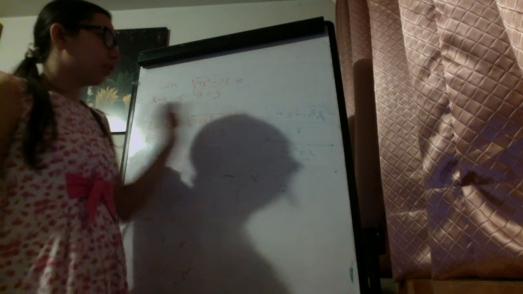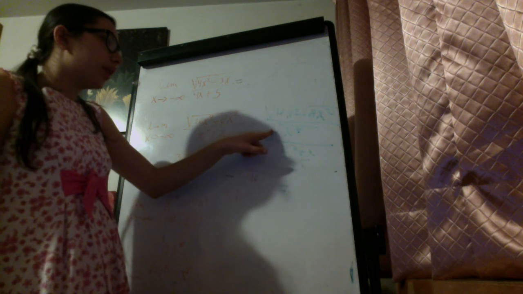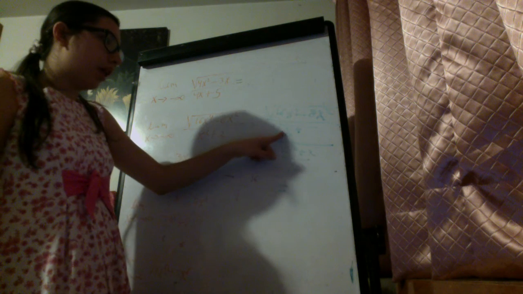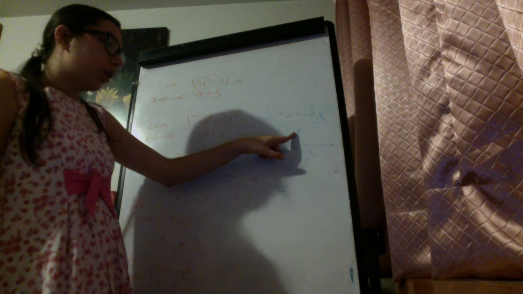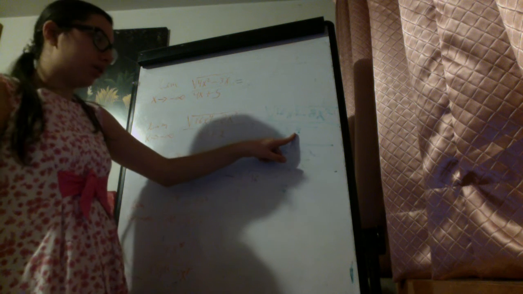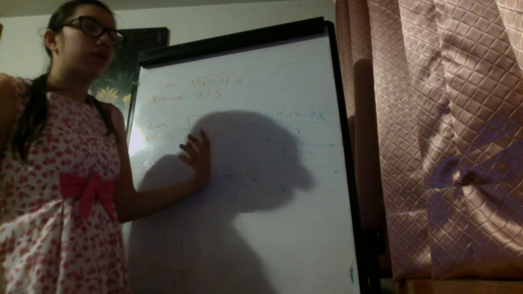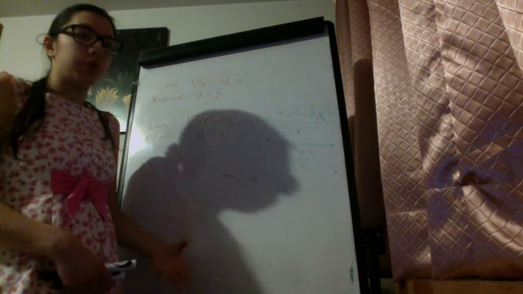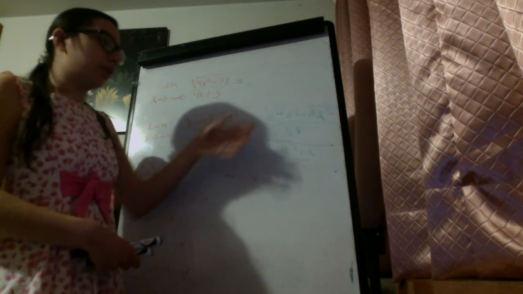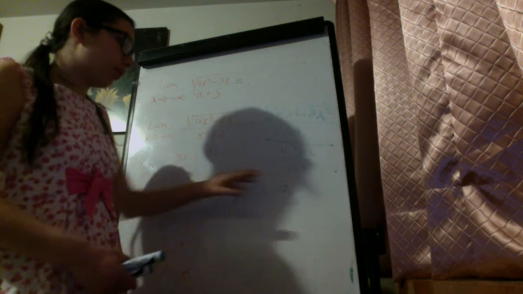So even though you're taking the negative root of x to the 4, that is x squared, you don't need to put the negative sign because the root is positive. So here it is approaching 4.